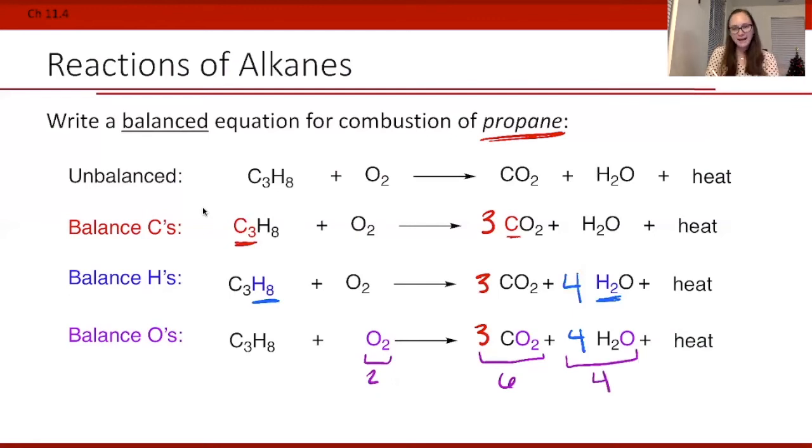So we have 10 oxygens in the products. We need to make sure we have 10 oxygens in the starting materials. So in order to have 10, I need to put a 5 in front of O2. So down here is now my balanced chemical equation. And you can double check all of these numbers to make sure that they're right too.